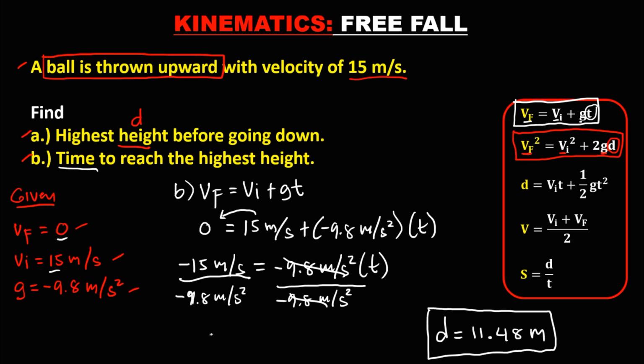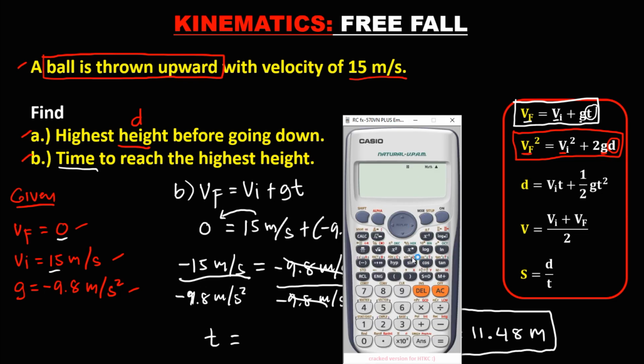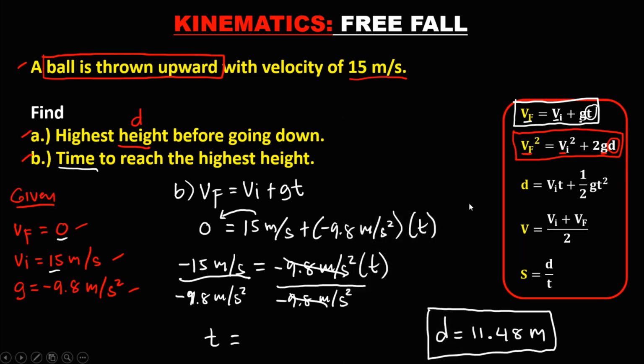So they cancel, and we have the time equals negative 15 divided by negative 9.8, which equals 1.53.